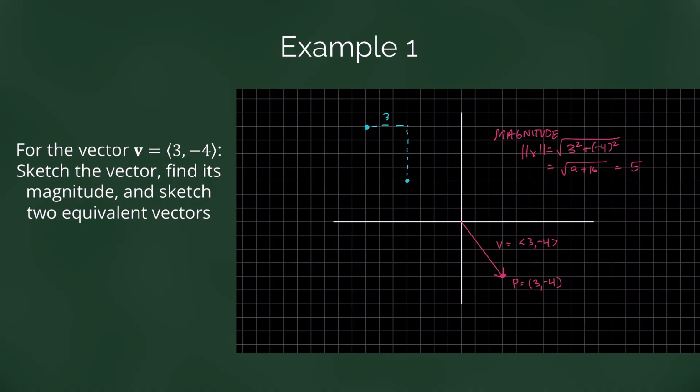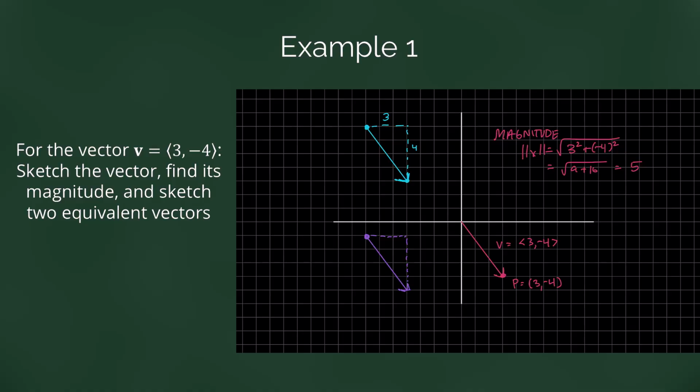So that's 3, that's 4 in the negative direction, and so we know that this vector here is identical or equivalent to the one that we started with. Similarly, picking another arbitrary space, we're going to go 3 in the horizontal direction, 4 in the vertical direction, and we can draw another vector that is equivalent to the one that we started with.